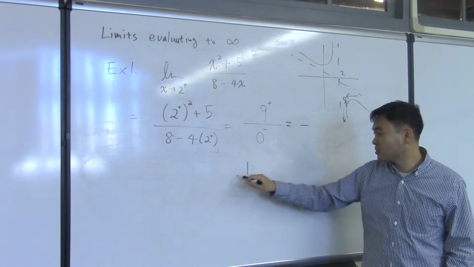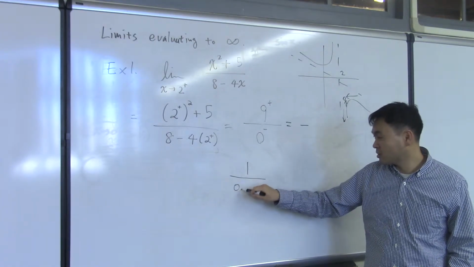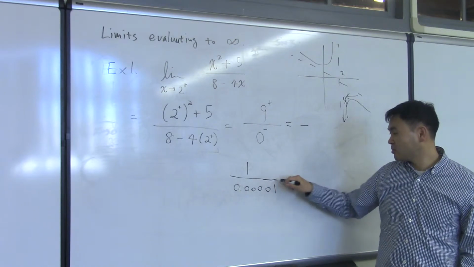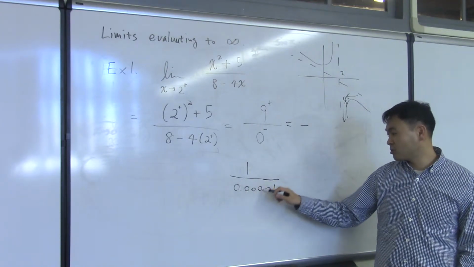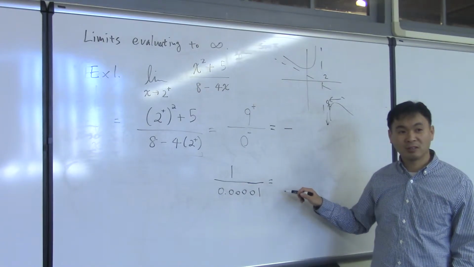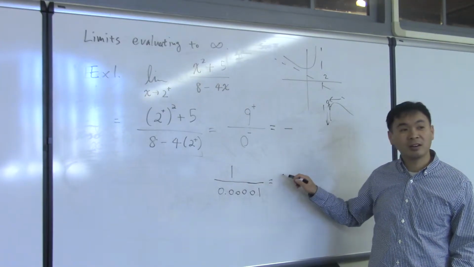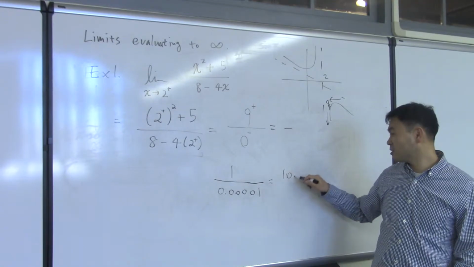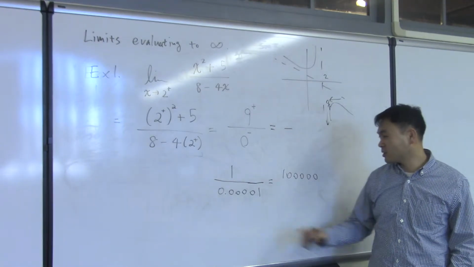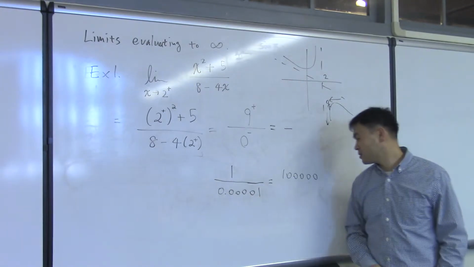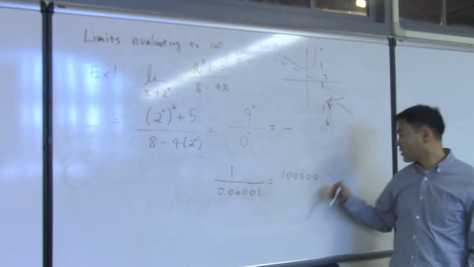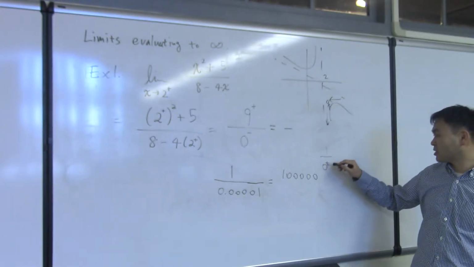Is that not so clear? If you divide 1 by 0.00001, what would you get? 100,000? Is that right? Isn't that big? So if you divided 1 by 0 plus, what would you get?